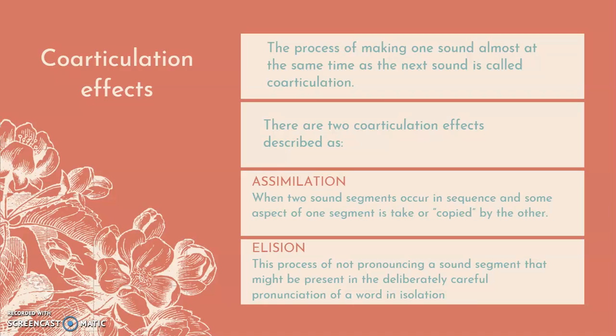There are two coarticulation effects: assimilation and elision. Assimilation is when two sound segments occur in sequence and some aspect of one segment is taken or copied by the other. Elision is the process of not pronouncing a sound segment that might be present in a deliberately careful pronunciation of a word in isolation.